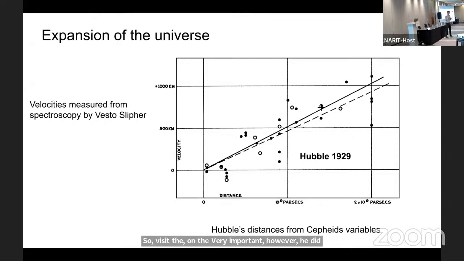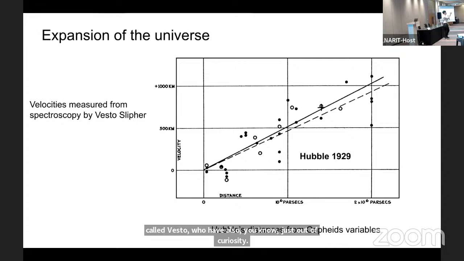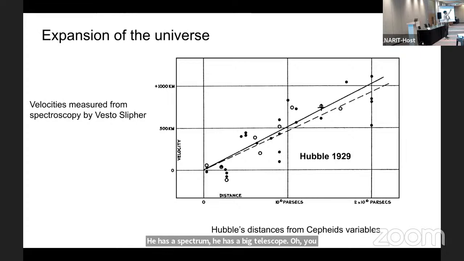These observations came from a different astronomer called Vesto Slipher, who, just out of curiosity, had a spectrograph and a big telescope. So he kept taking spectra of all these different so-called spiral nebulae on the night sky. For Andromeda, he found the lines are shifted to the blue, which means this galaxy is coming straight at us.